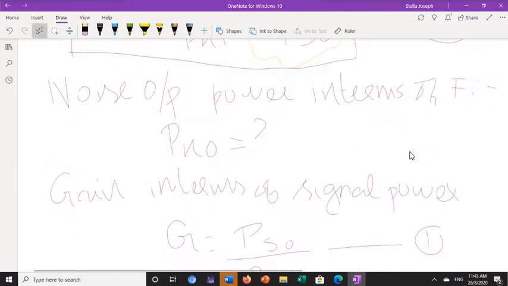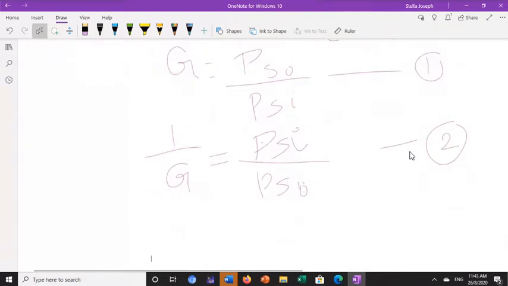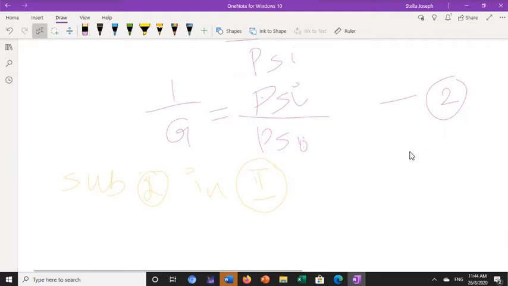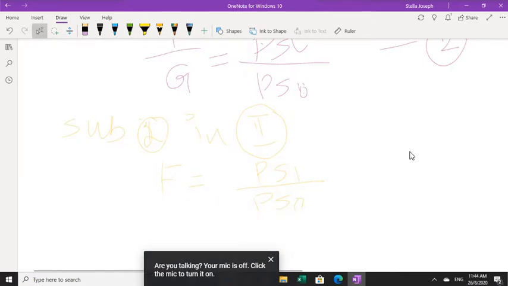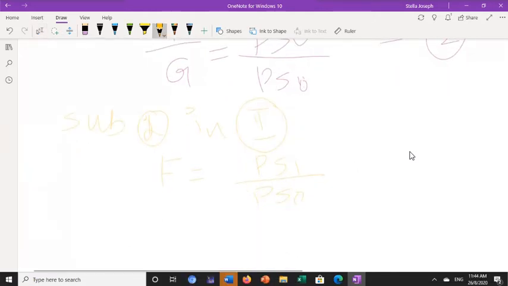Now I substitute equation 2 in 1. So what will I get? F is equal to PSI divided by PSO, which I interchange, into PNO divided by PNI.